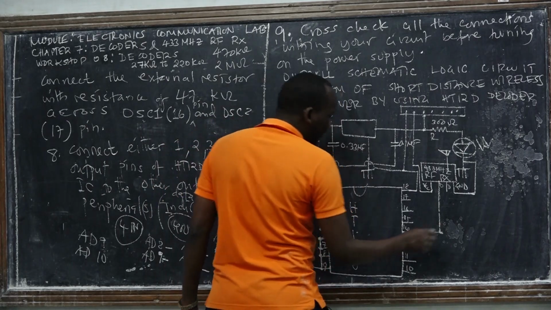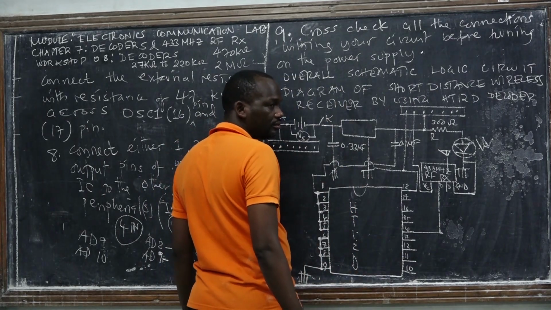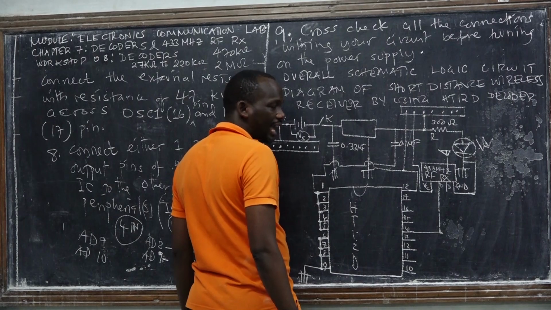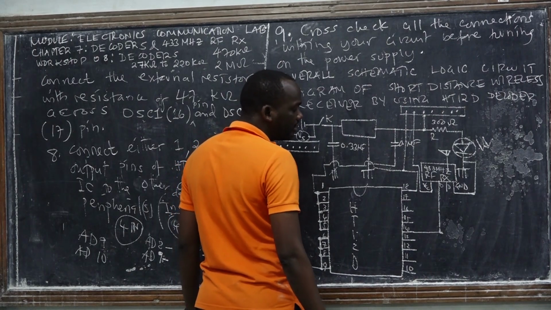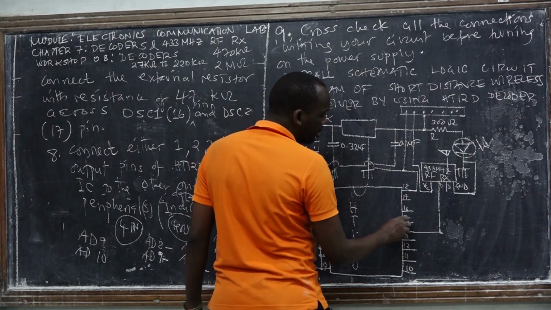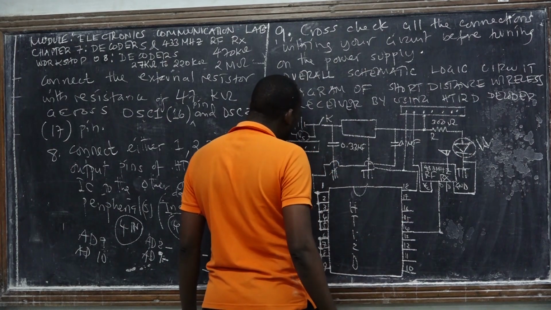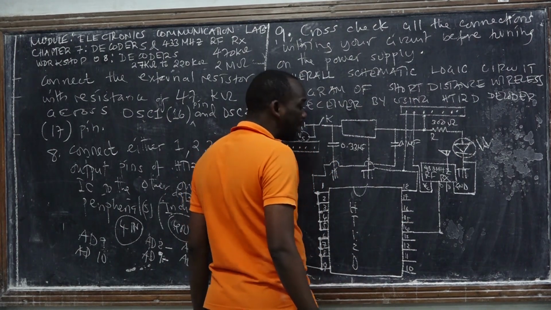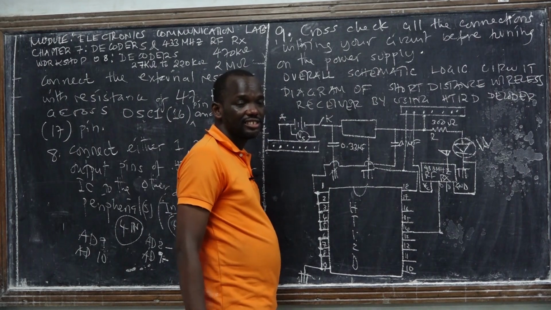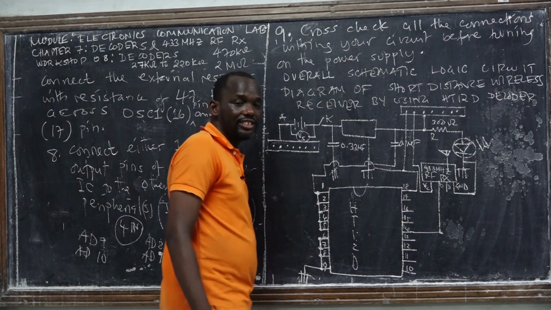Okay, and step number 5? Connect external resistance, step number 6.